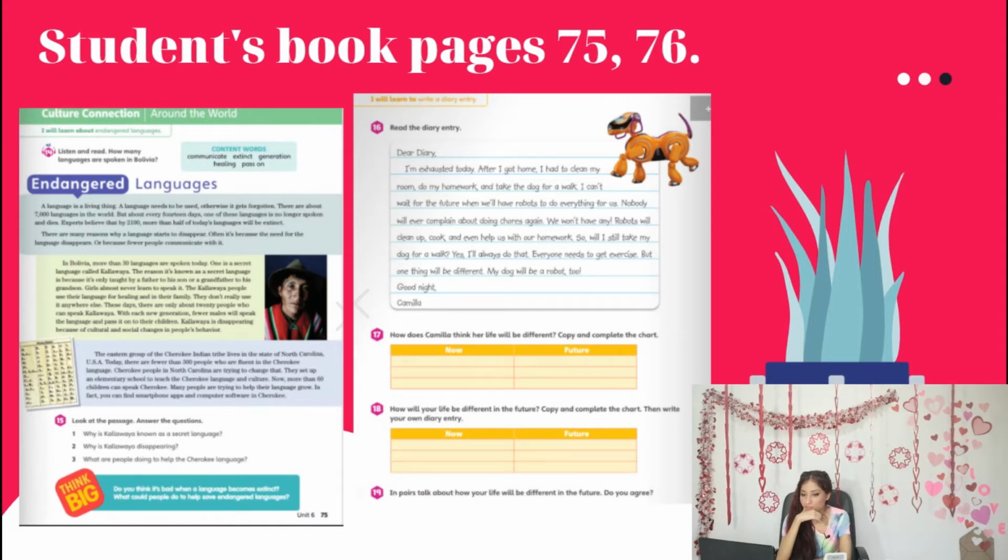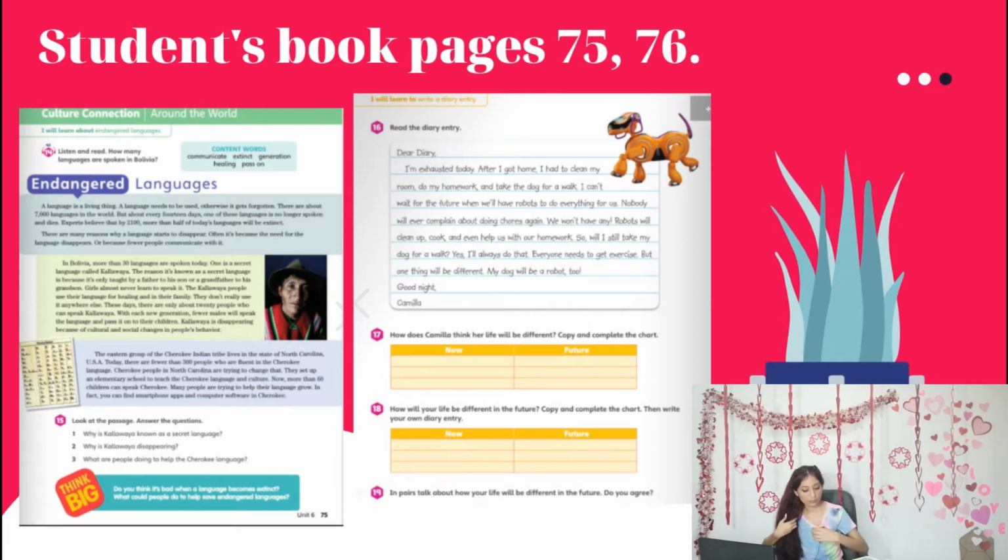The Kalawaya people use their language for healing and in their family. They don't really use it anywhere else. These days, there are only about 20 people who can speak Kalawaya. With each new generation, fewer males will speak the language and pass it on to their children. Kalawaya is disappearing because of cultural and social changes in people's behavior.